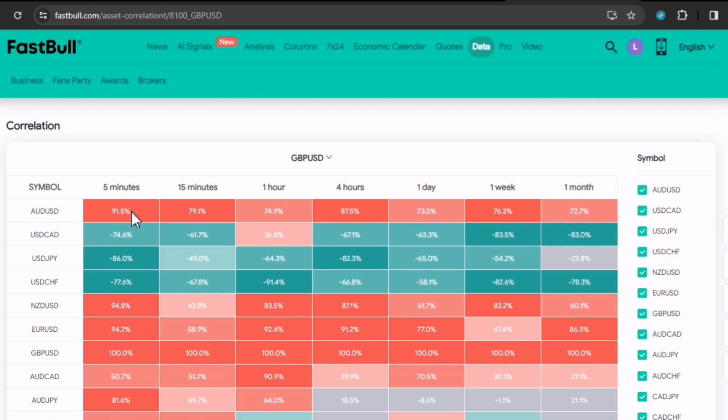You have 91% here, and it's positive, it's not negative, which means if you had a good buy entry, you should also have a good buy entry on AUD USD. As easy as that. And then you find me having a lot of entries with very little effort.